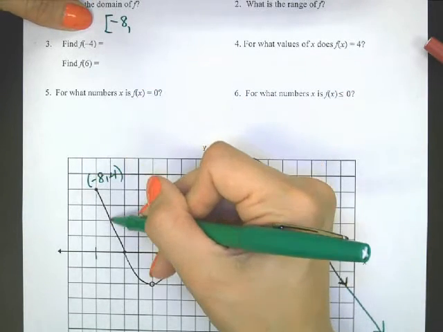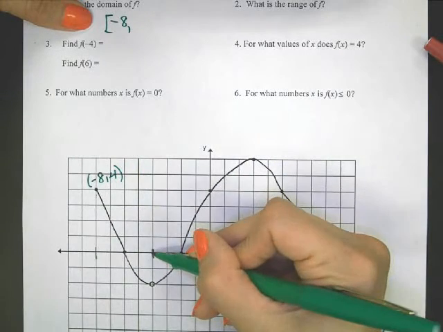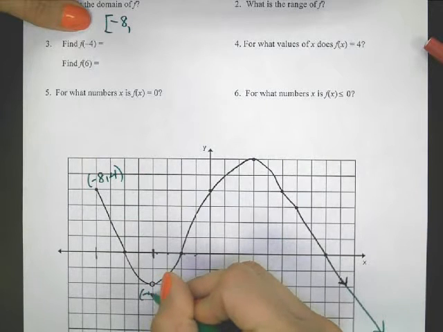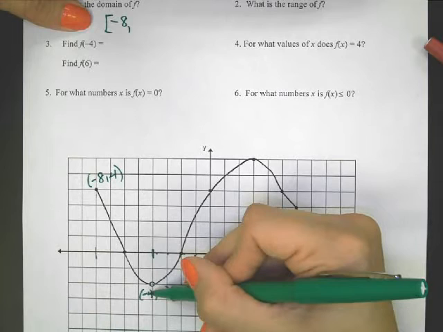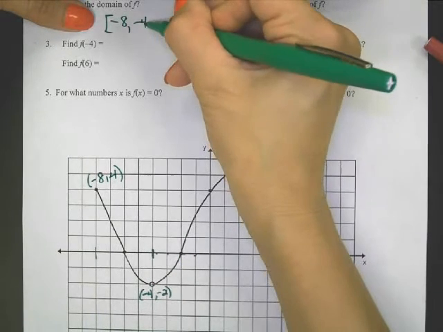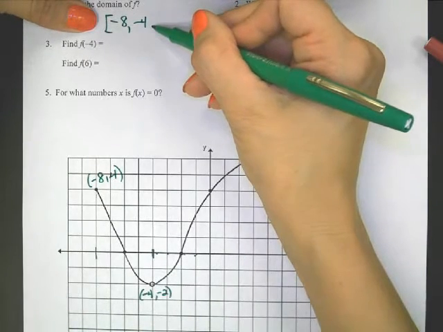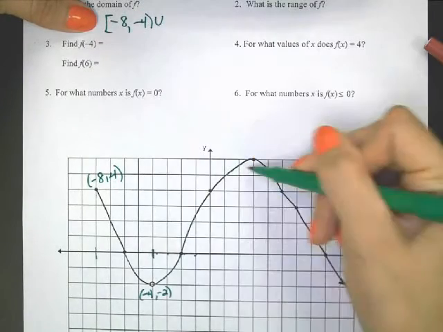And then the graph goes and goes and goes. Wait, there's a hole. Okay, where is that hole? 1, 2, 3, 4. Sometimes it helps people to label this point as -4, -2. So what x value is not being used? -4. How do we say a hole? Parenthesis or bracket on that one? Parenthesis. Okay, then we're going to continue because there's more graph.